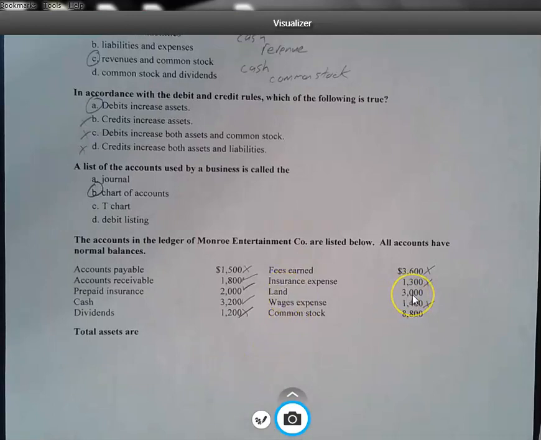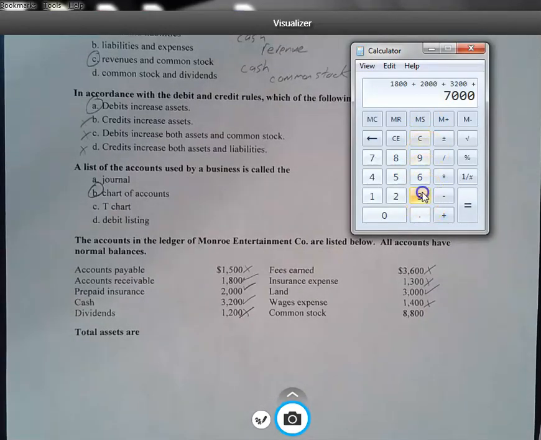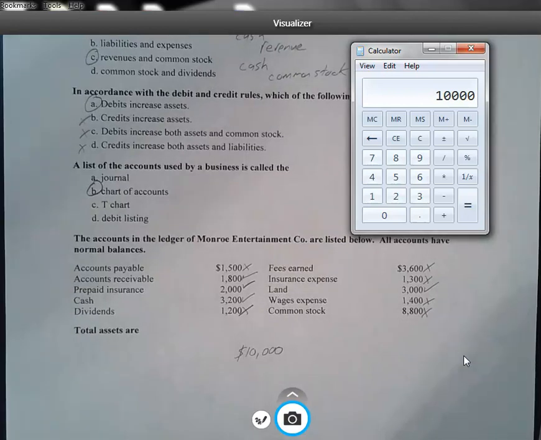Land of $3,000. Land is a non-current asset. So let's go ahead and put a check mark by that. Plus 3,000 equals 10,000. And then finally we have common stock. This is also a stockholder's equity account. So if we write all of these things out, our final answer ends up being $10,000.